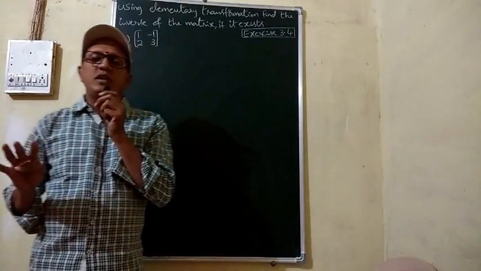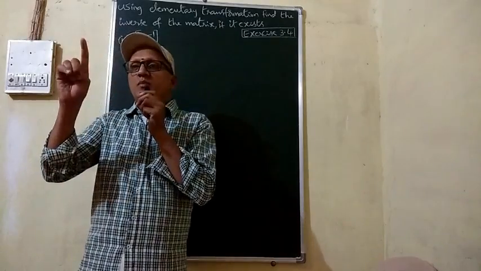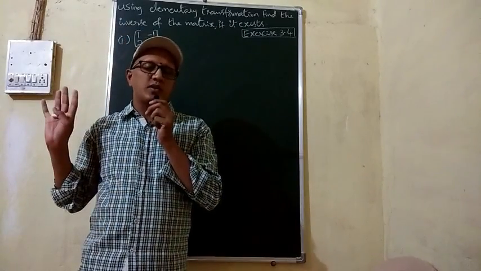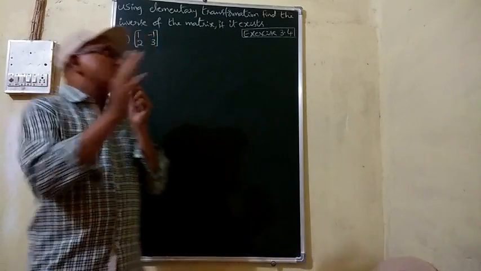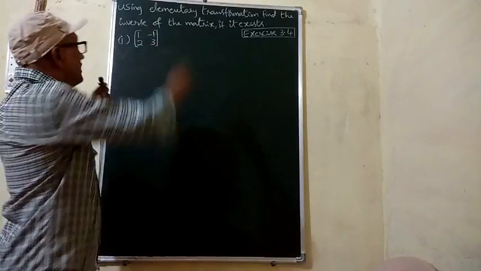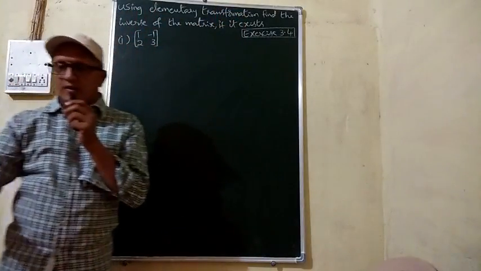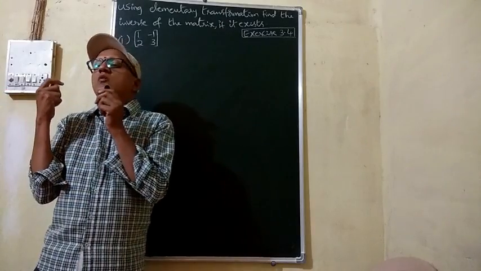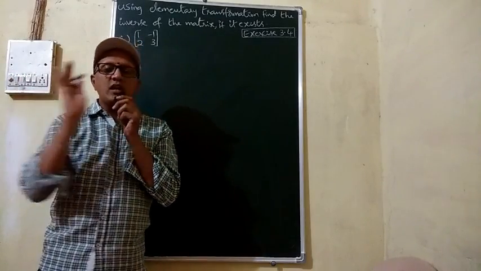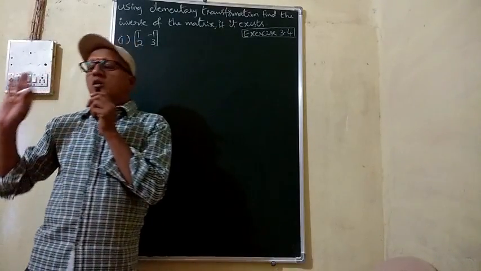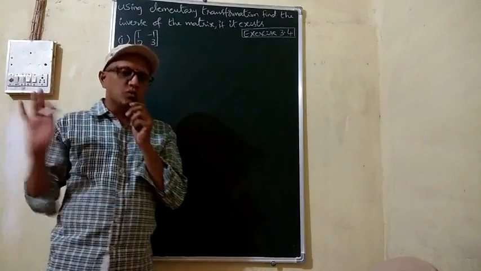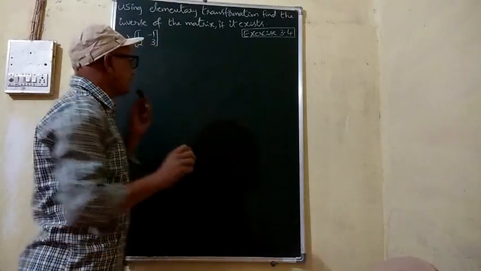If they mention column operation, we use column operation. If they don't mention anything, and the question just says using elementary transformation, then we can use either row operation or column operation.